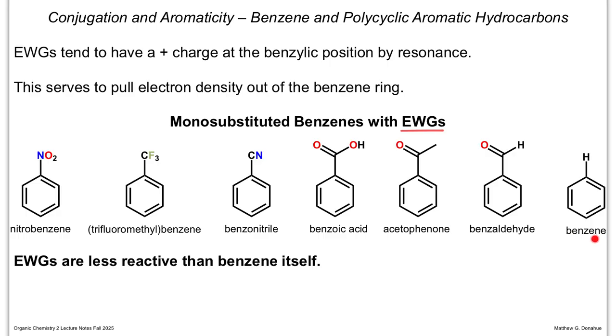So over to the right, there's our benzene. If we substitute that H for a carbonyl that's embedded in an aldehyde, that's called benzaldehyde. If the carbonyl is a ketone, that's called acetophenone. We can have a carboxylic acid, that's benzoic acid.